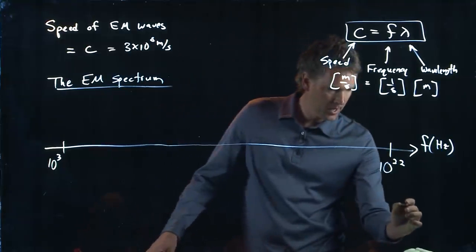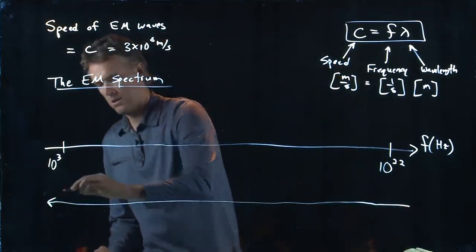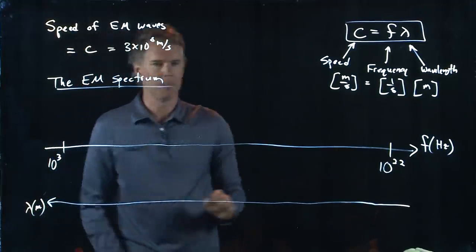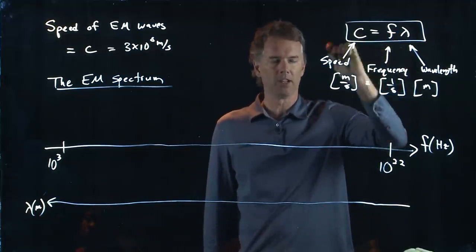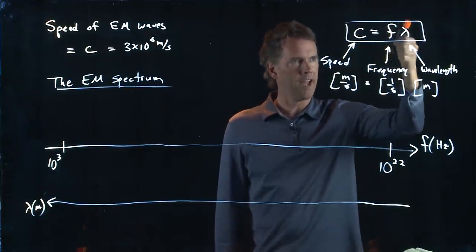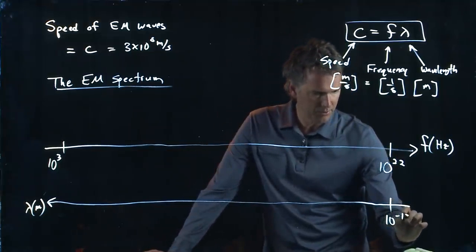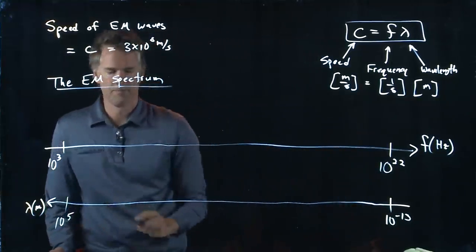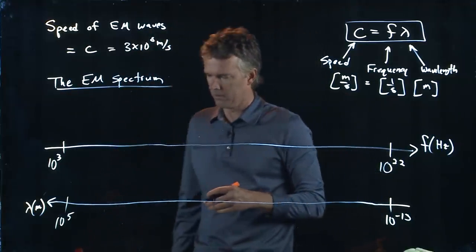And then going the other way, we have lambda, and lambda is measured in meters. Those are inversely related since C is a constant, right? If F goes up, lambda has to go down. If F goes down, then lambda has to go up. And this over here is on the order of 10 to the minus 13, and it goes all the way over to on the order of 10 to the 5. Okay, so these things aren't going to line up perfectly well, but they're going to be roughly close.